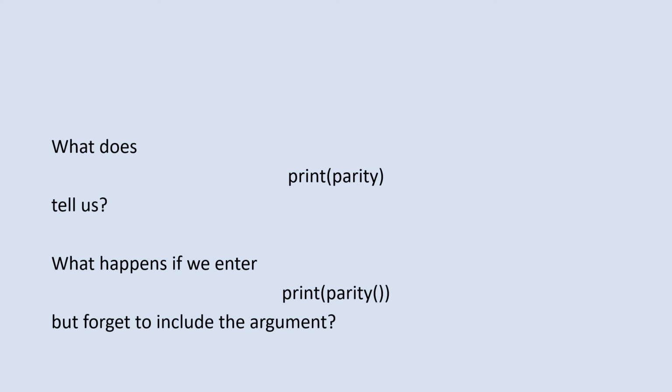Then another situation that often comes up where we make a mistake is we call a function, but we forget to include the argument. We forget what the parameters are, or we forget to include those, and we try to print something. So check to see what happens if you print parity with the braces and print parity without the braces, and then print parity with the braces with an actual legitimate argument in place.